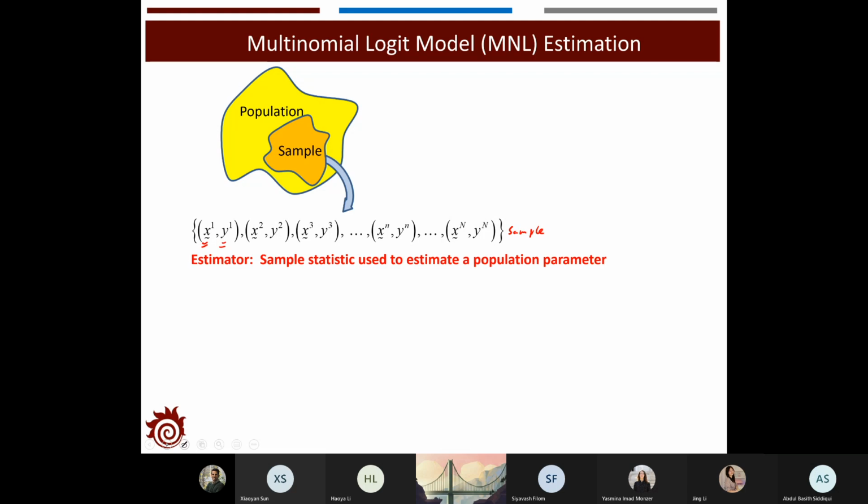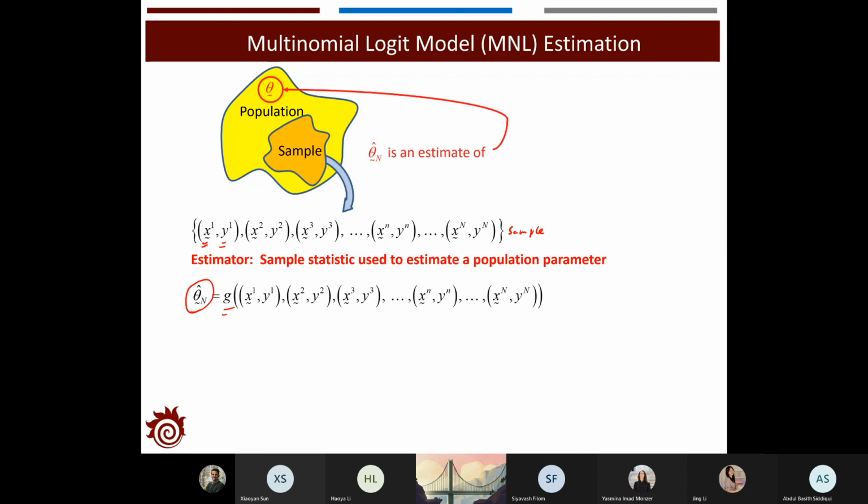From the sample, we will have an equation, a method to calculate the value of theta. And we will then claim that theta hat is just an estimate of the true value. So here, theta tilde is the true value, but theta hat is just an estimate from the sample. It's not the true value, but it's close enough to the true value.